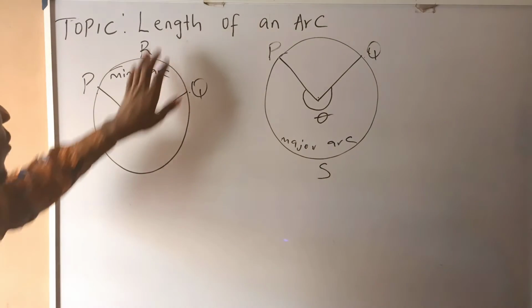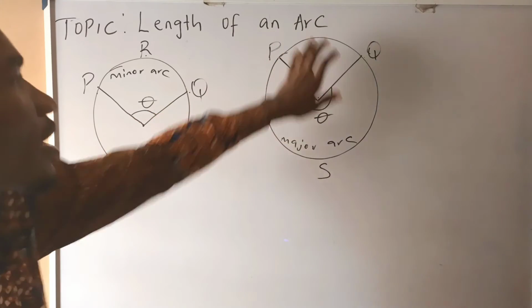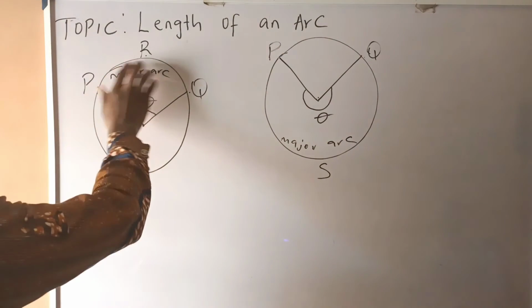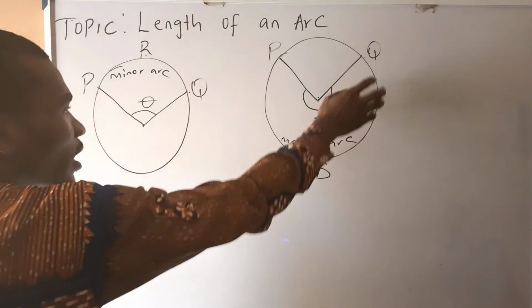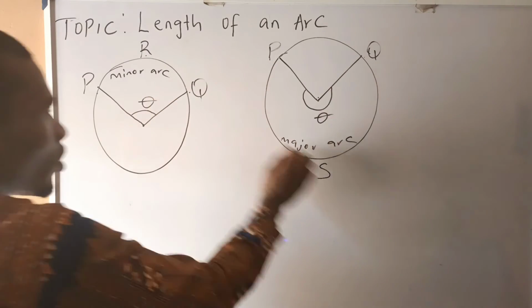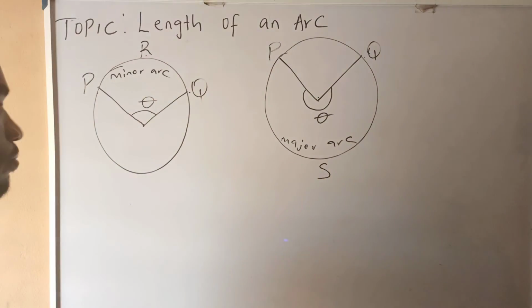Then, how do we deduce the formula for finding the length of an arc of a circle? It is very easy. Remember, this is the minor arc, while this is the major arc. So the formula for finding the length of this given arc of this given circle is very simple.